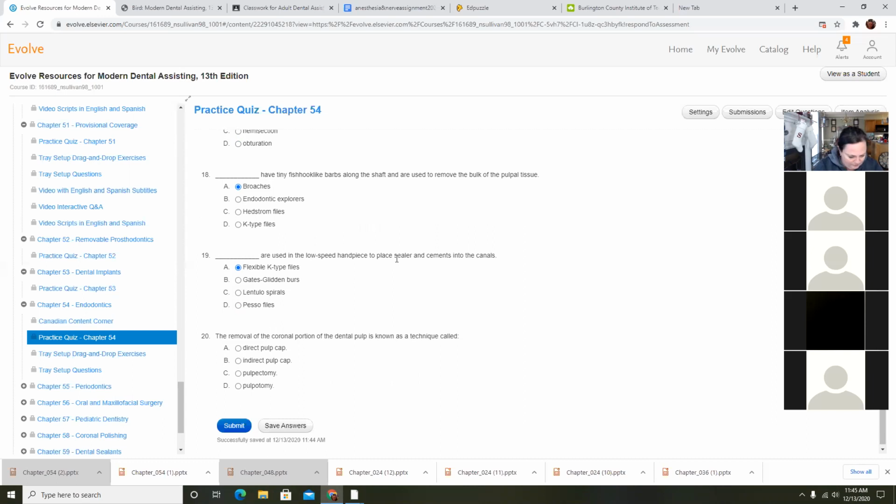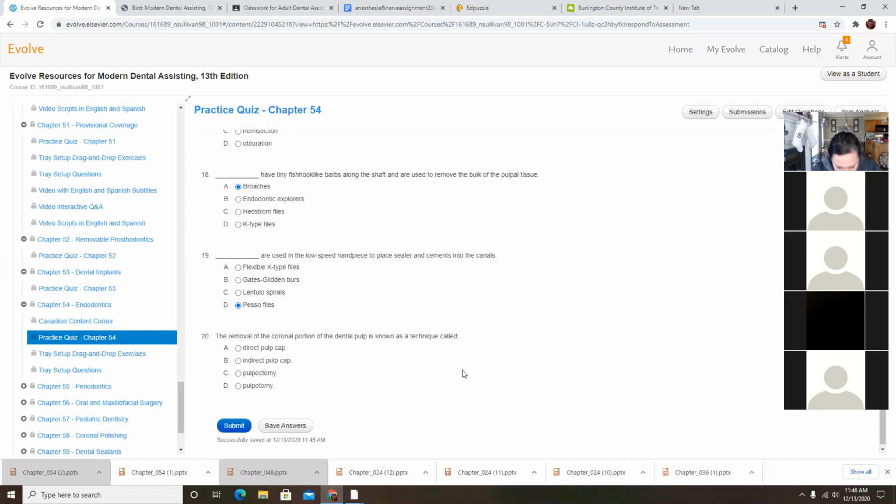And then the C would probably be like rotary file, so that's not really something that would be in a low speed handpiece. So it has to be B or D. And we already used the B for a different question, so I'm gonna go with D. It might be the lentulus spirals. Okay, I can picture them in my head. I don't see them in the book is the only problem.